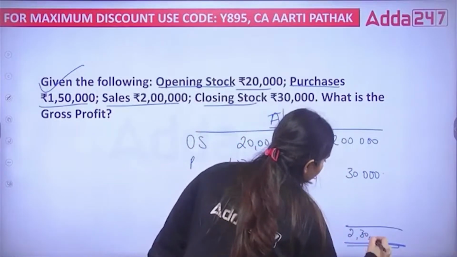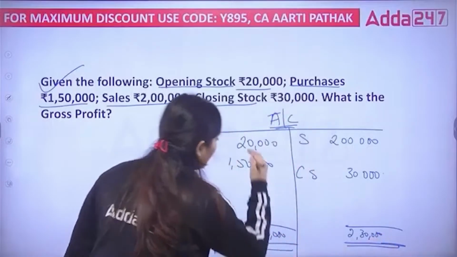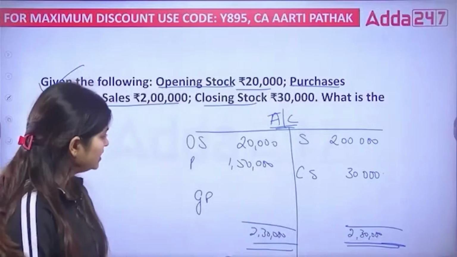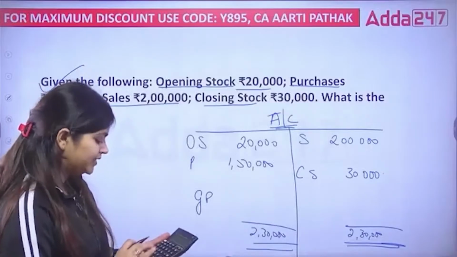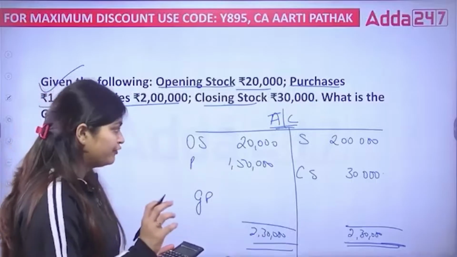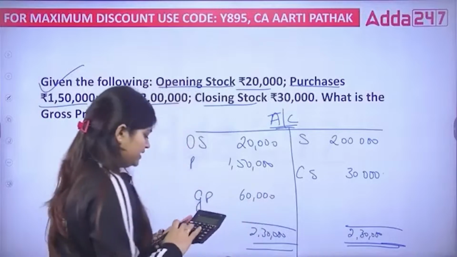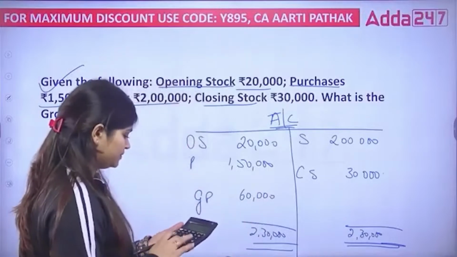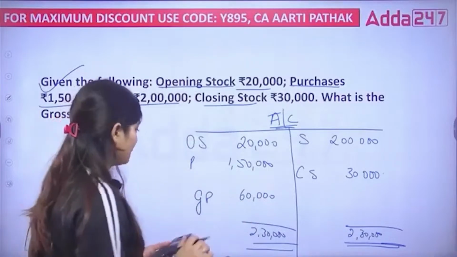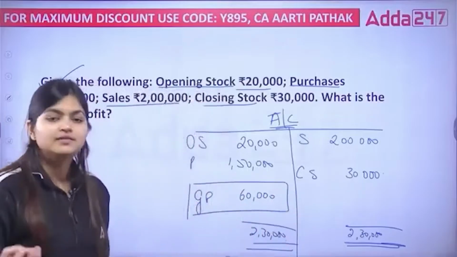That is 2,30,000, 2,30,000. So how to bring this debit side as 2,30,000? Let's identify the difference, that is 60,000. Let me calculate this. So gross profit is what? That is 60,000. This is the one way.